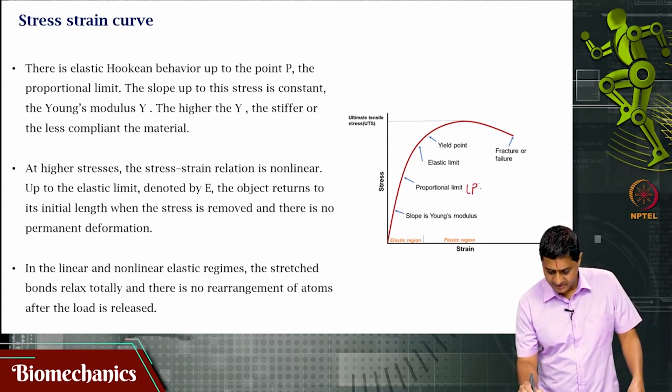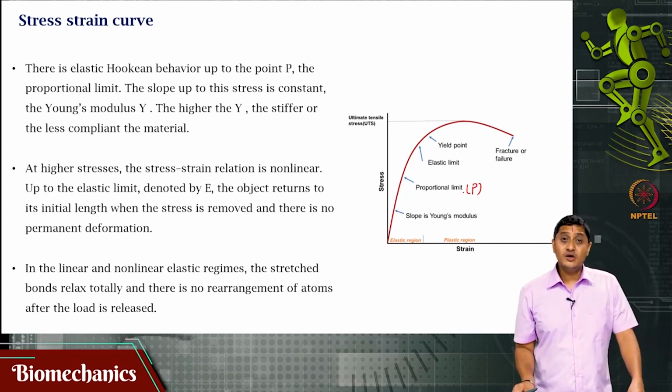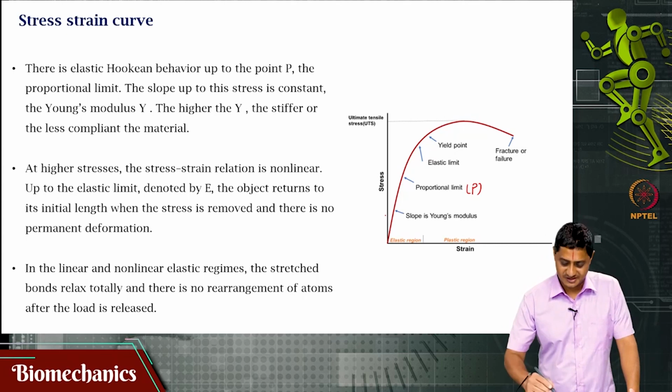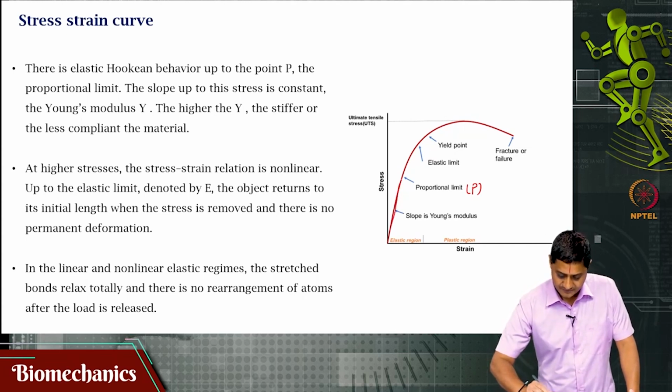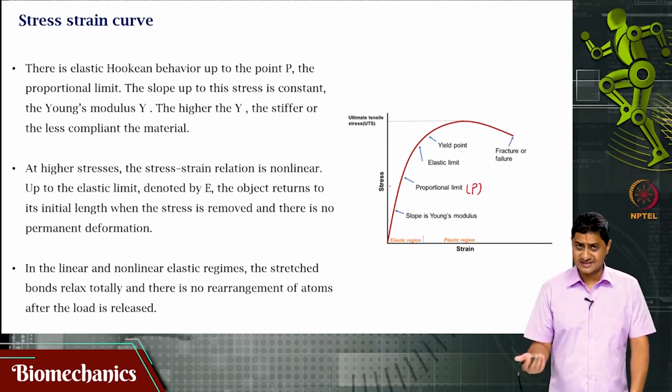We will call this point P. That is elastic or Hookean behavior. There is a linear relationship between stress and strain until this point P, which is the proportional limit. The slope, of course, because it is linear, is a constant. It is essentially a straight line.